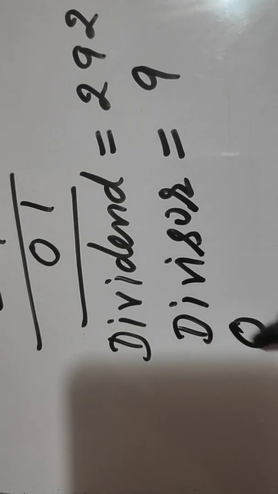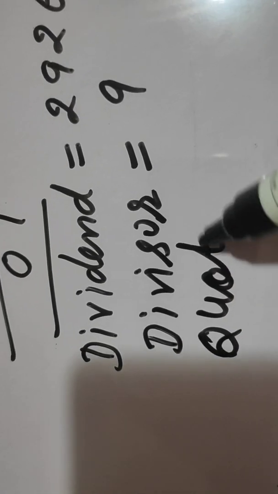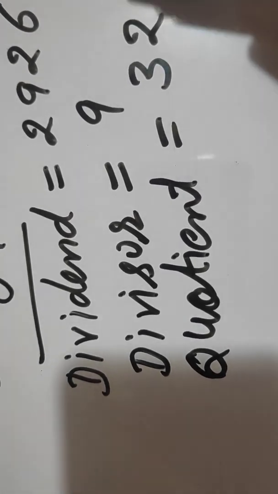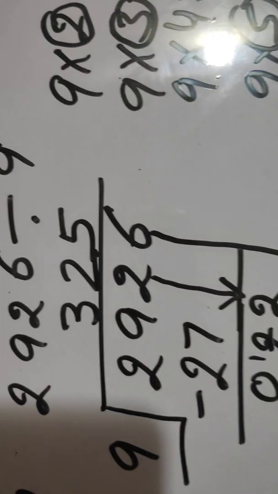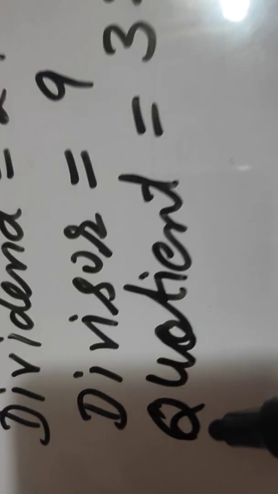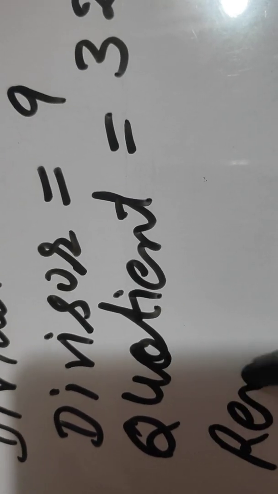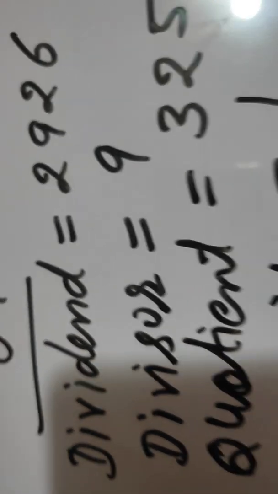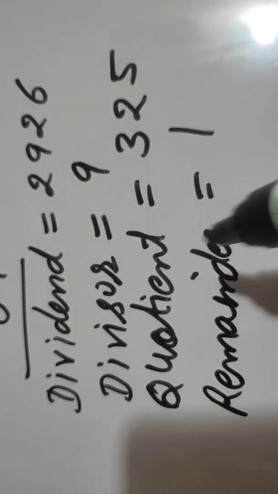What was our answer? The quotient which we have just found out is 325. See, this is your quotient 325. So this I have written here. And last one, remainder. What was our remainder? Our remainder was 1. So all these 4 values we have written.